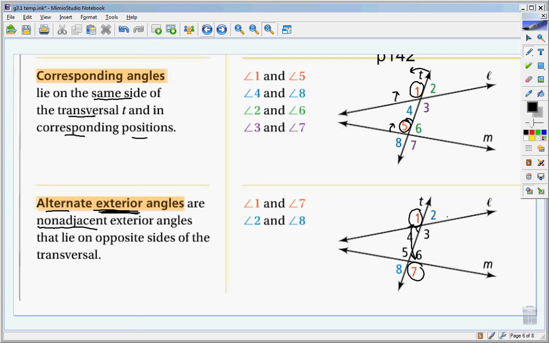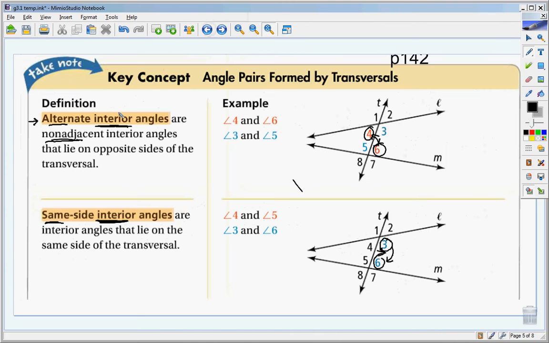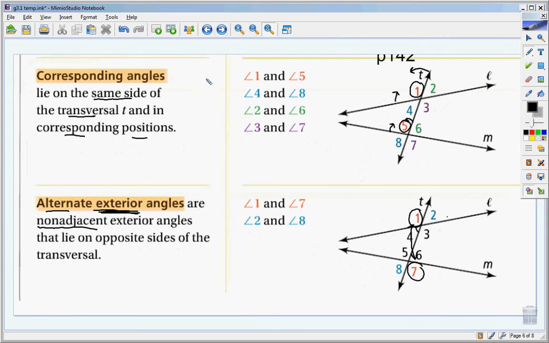So there are 4 angle types that we're talking about today. Alternate interior. They're on the inside, opposite sides of the transversal. Same side interior. They're on the inside and the same side of the transversal. Corresponding. You'll notice one's on the outside, one's on the inside.